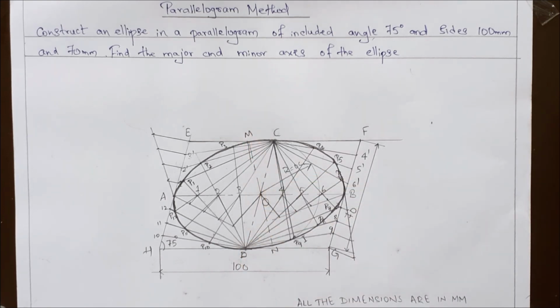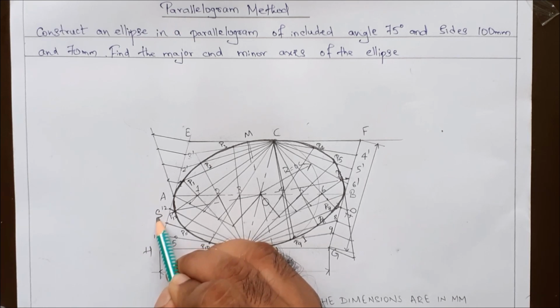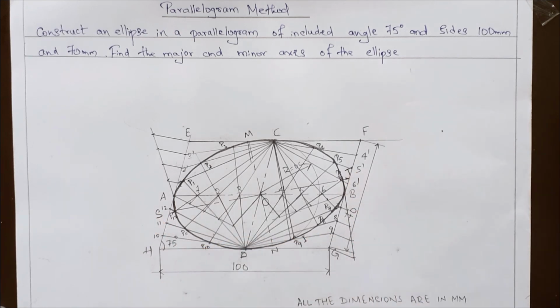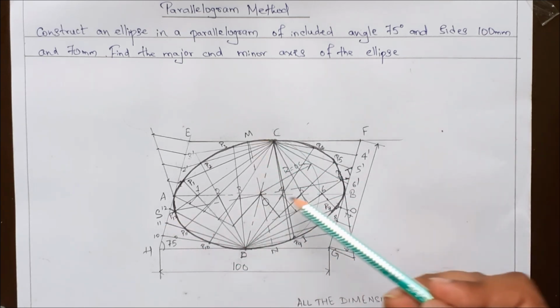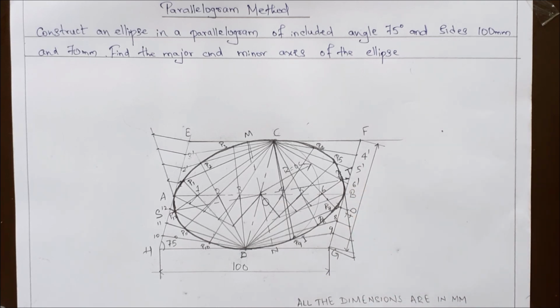So let us draw a line perpendicular to this line MN. Now let this perpendicular line be equal to S and T respectively. So now let us measure MN and ST. So these are the major and the minor axis.